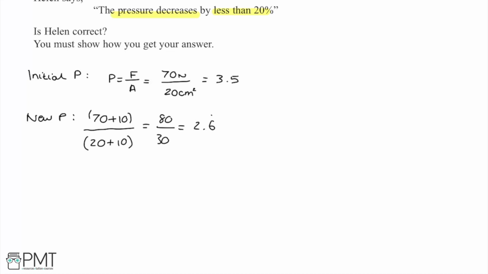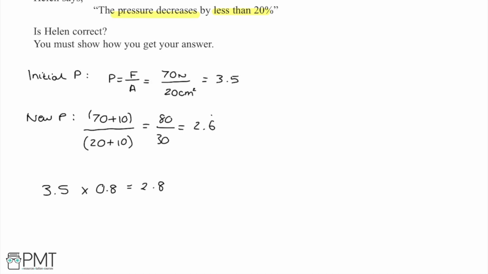If I take the 3.5 and want 20% less than that, I can multiply it by 0.8, so find 80%, which is 100% minus that 20%, and that gives me an answer of 2.8. So a 20% decrease from the 3.5 gives me 2.8.